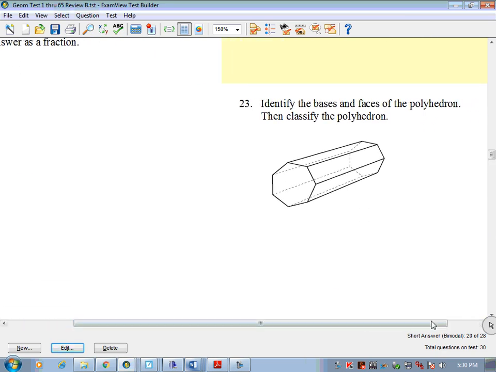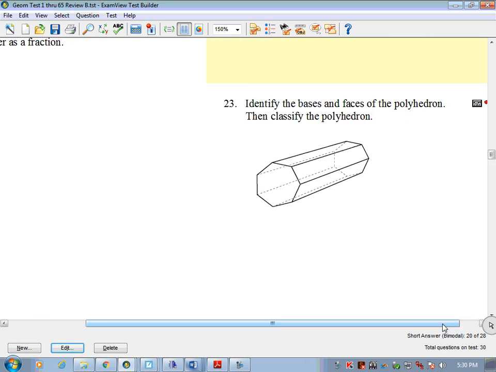23. I'm going to make you listen here. I'm going to save myself a little bit of writing. It says identify the bases and the faces of the polyhedron, then classify it. My bases, okay? 1, 2, 3, 4, 5, 6, 7. So what I have there is a seven-sided figure. If I remember this right, it's a heptagon. Okay, so we have 2 heptagons for the bases.